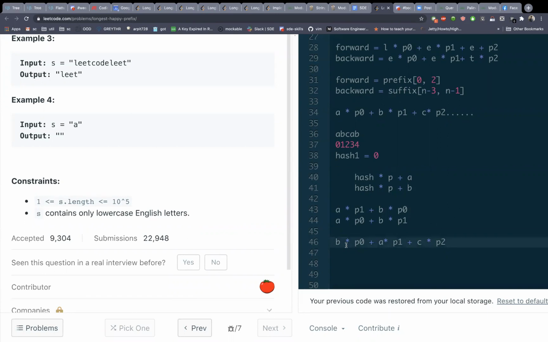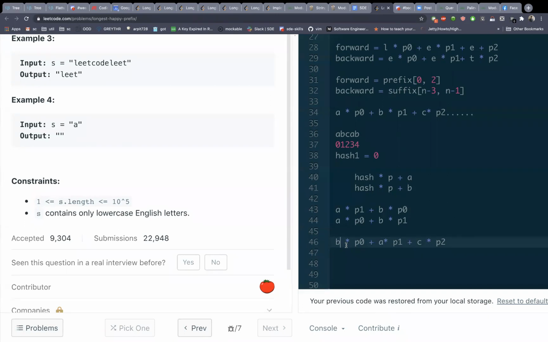Okay. May I suggest something? Can we calculate the hash of ABC of the prefix only? First get the hash of C, then get the hash of BC, and then get ABC. The same logic you apply from the back, but for the front also. Then probably it will make it more clear.